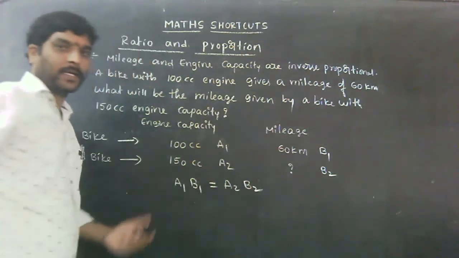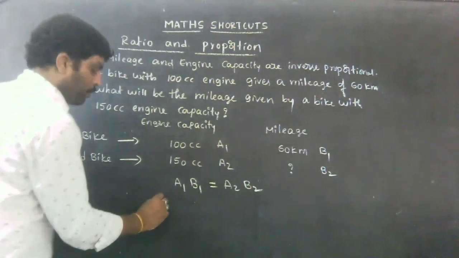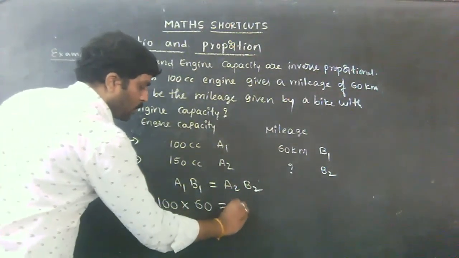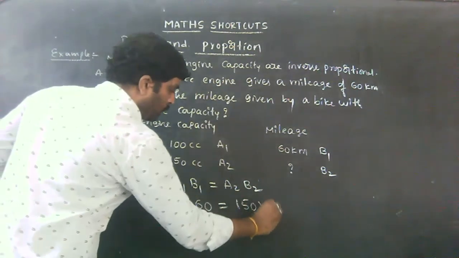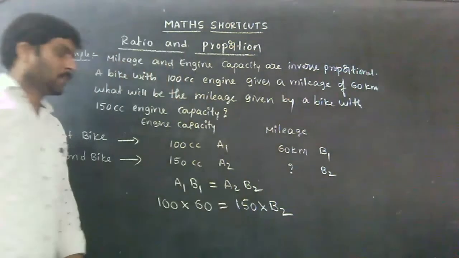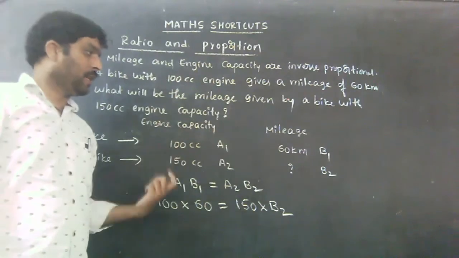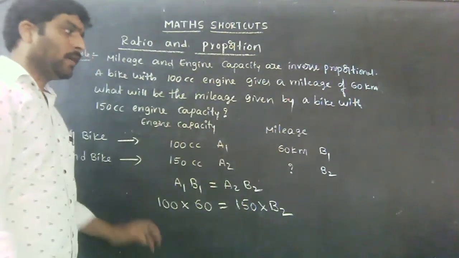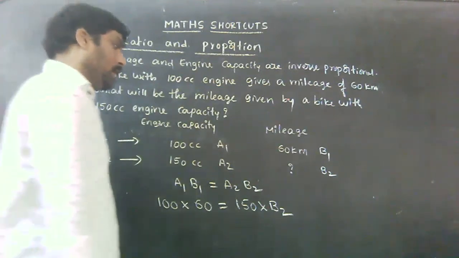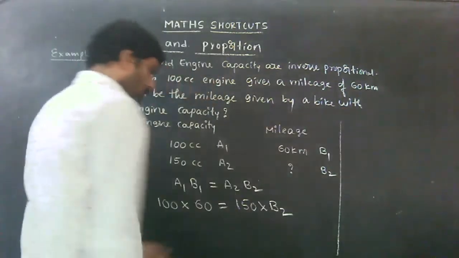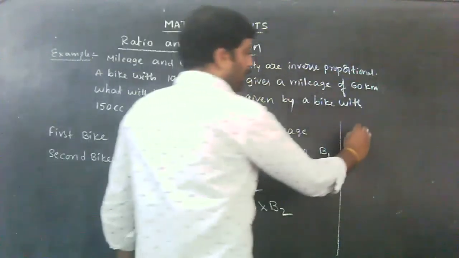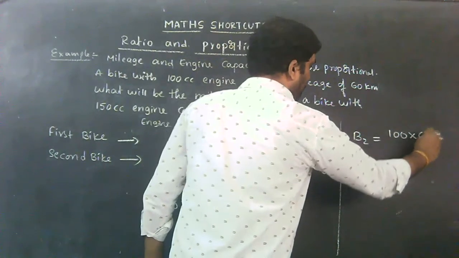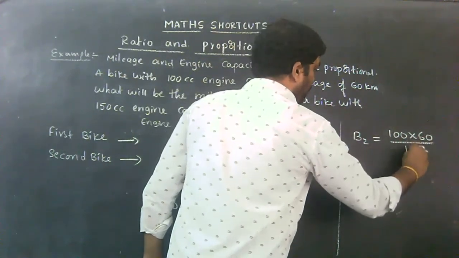Their product is constant. Now 100 into 60 equals 150 into B2. We need to find B2. Transfer 150 to the other side. B2 equals 100 into 60 by 150.